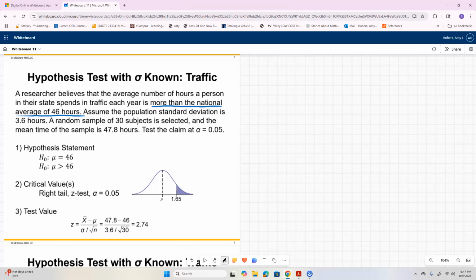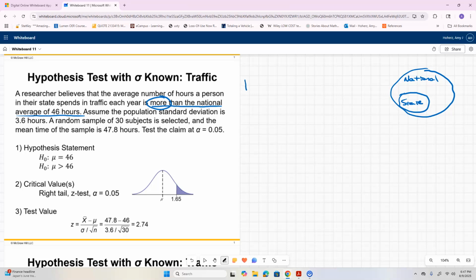So there's a national average, and they're wondering if their subset of their specific state matches the national average. Does it have the same average number of hours as the national average, or in this case, they think that it is more.